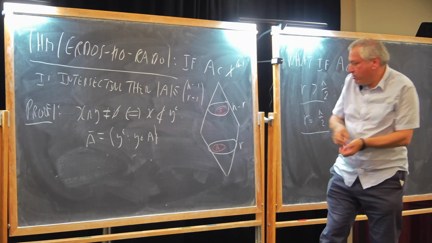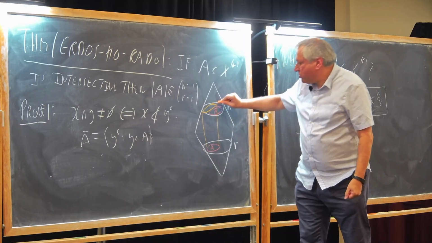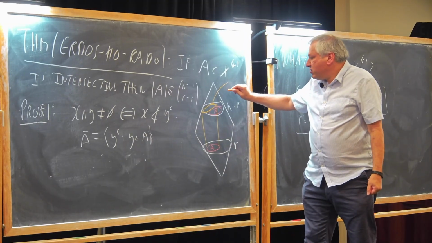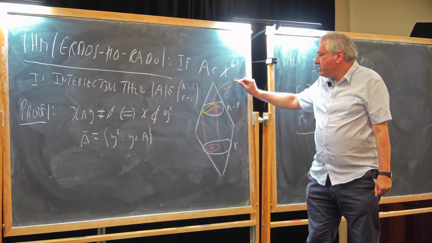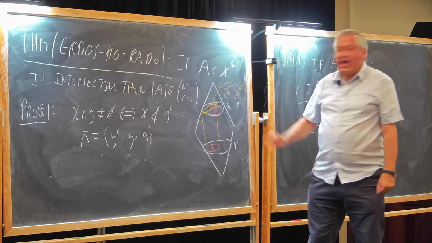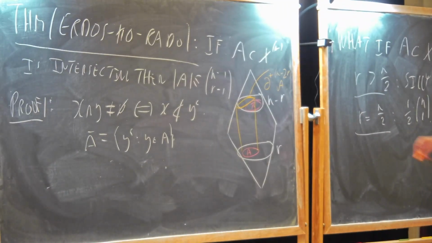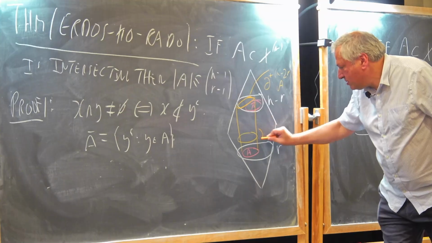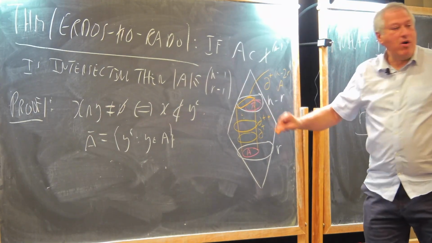This orange thing here is the upper shadow iterated n minus 2r times of A. That making sense? So you take A, you take its upper shadow once, twice, and so on.